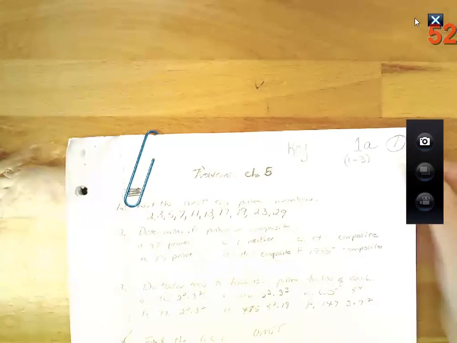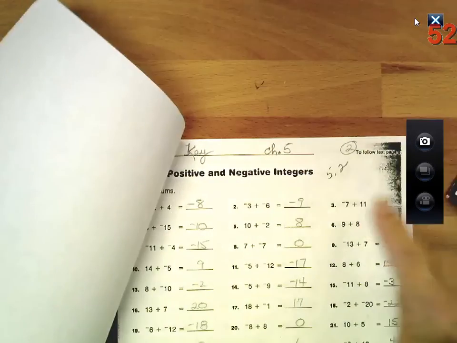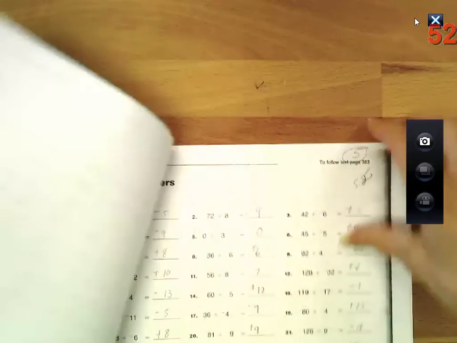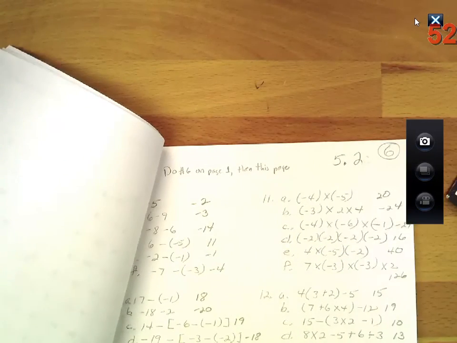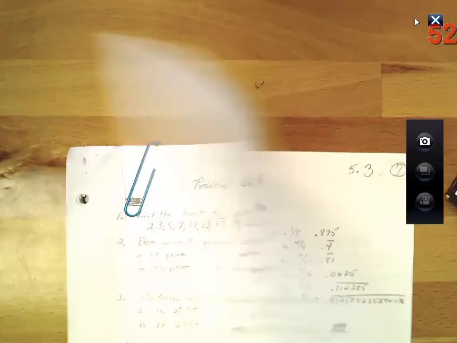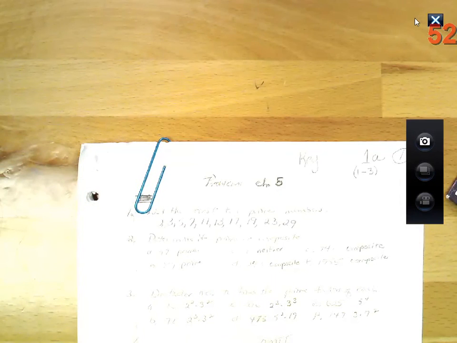Okay, 1 through 6. They have all sorts of different numbers on them, but they're like that. Most of these won't take long. Okay, 1 through 6.